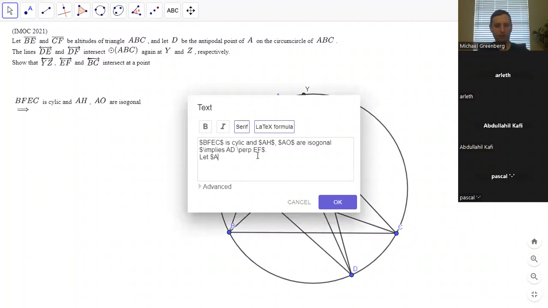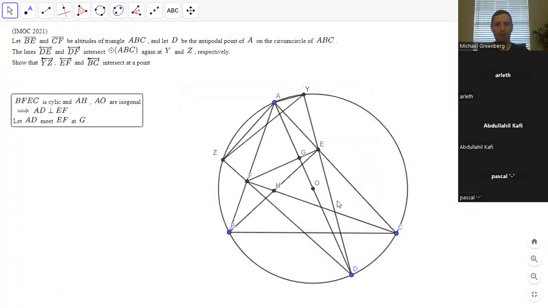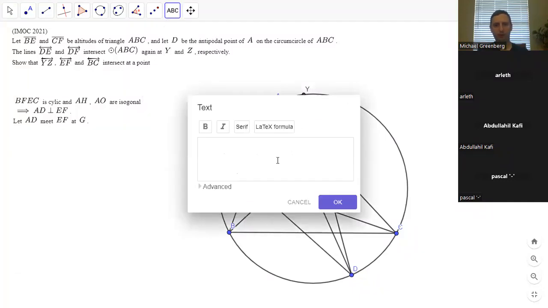So let AD meet EF at G. Then AZB is 90, which is AGF. And that means that AZFG is cyclic.